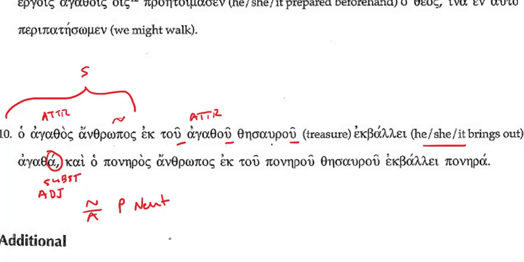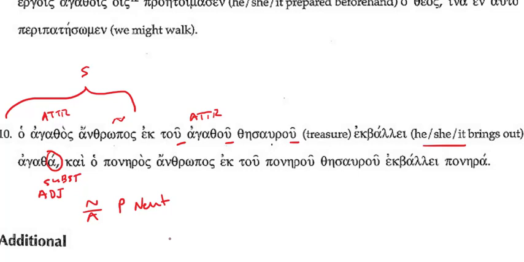But of course, in the context here, he's talking about ultimately the heart, right? So good things are going to come out of the heart of the man. Yeah, I would just stick with things. Things are usually neuter in our language, right? Right. So brings out good things. Okay.